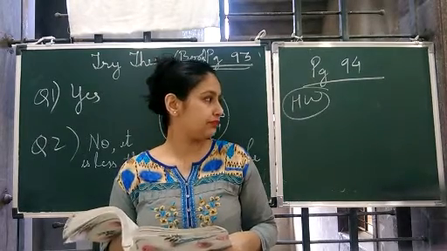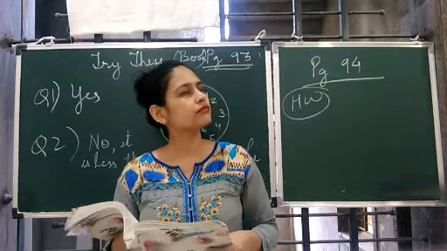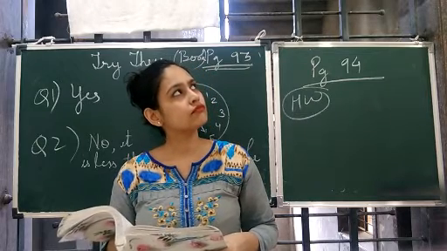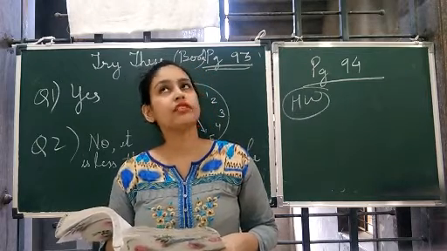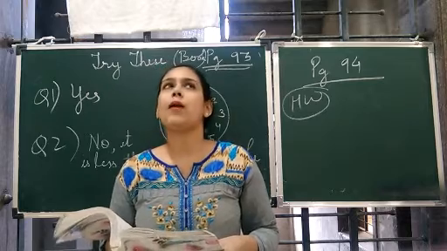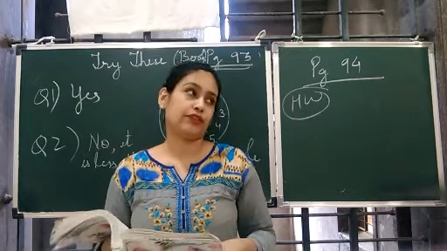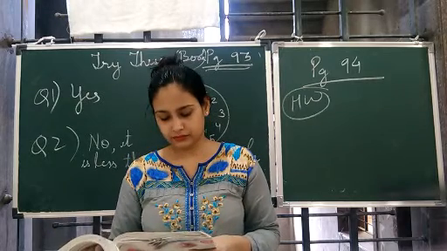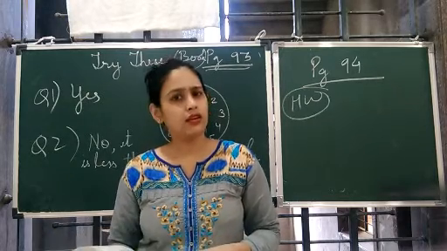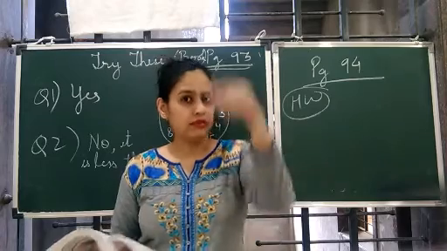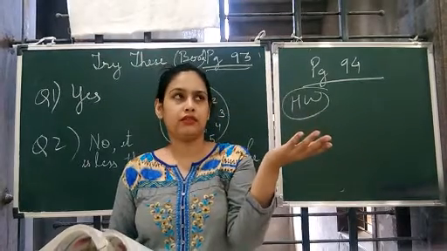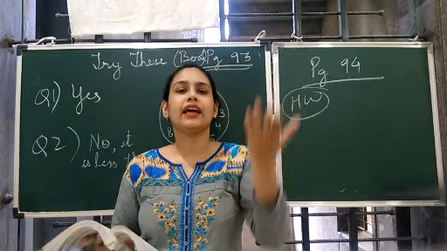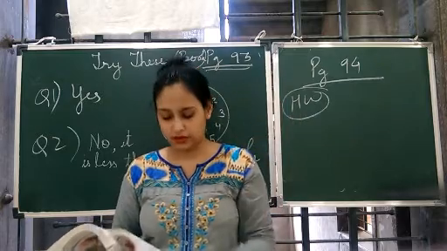I cannot find. 5 situations. In one situation also I am not able to find, children. Clock. Then it is showing more than right angle. Yes, so you can take the example of the clock.